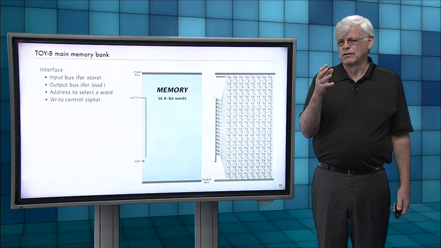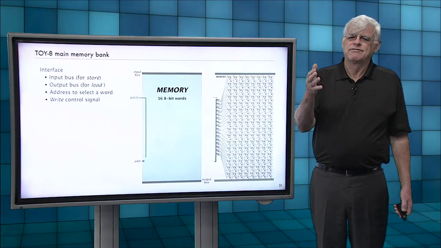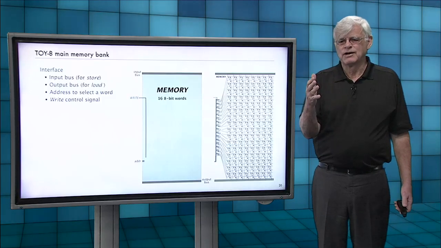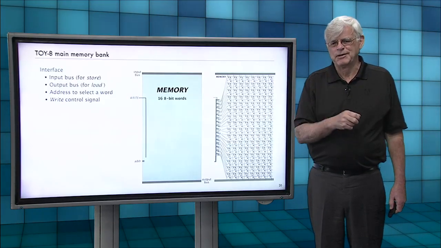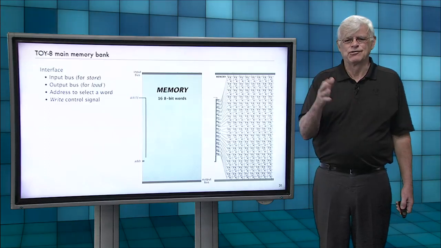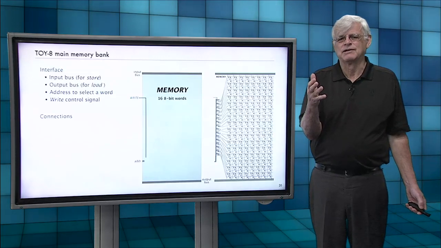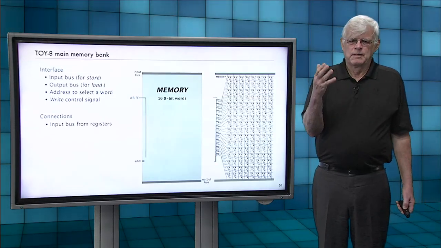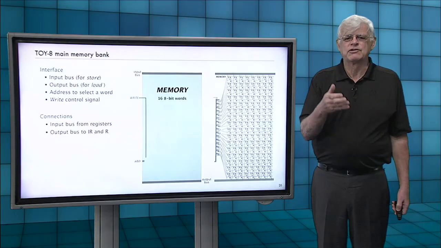Again, a major component of the Toy 8 computer. And if you implemented this circuit for Toy, there would be 256 16-bit words. It'd be hard to see every switch for sure, but wouldn't really add much insight. The input bus comes from the register.